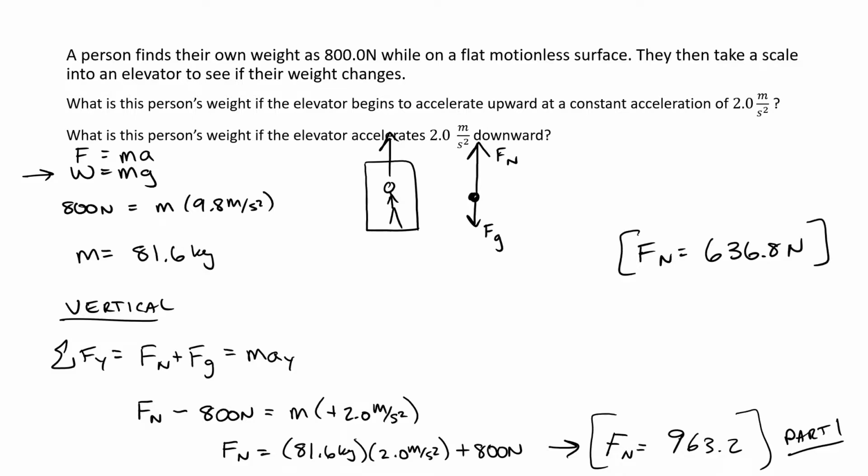So there is a point when the elevator might accelerate so fast downward that you don't force yourself into the ground at all, and that's like free fall. You imagine yourself in a falling elevator, you are weightless. That's what the phrase weightless means. You're not forcing yourself into anything. All right, let me say part 2 next to this.